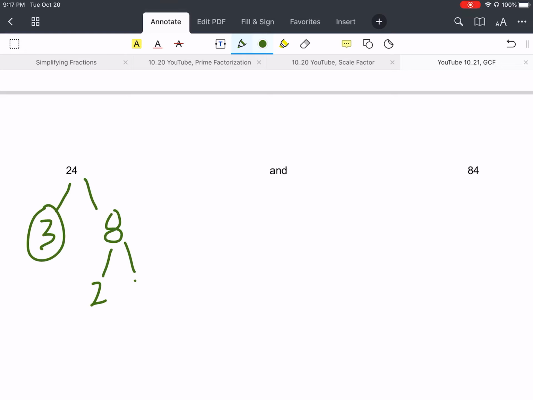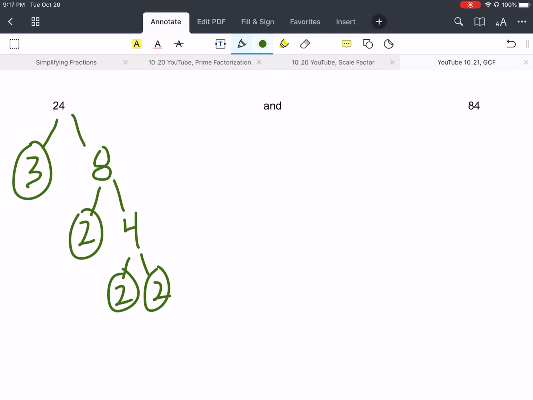The 8 is going to split into 2 times 4, and the 4 splits into 2 times 2. So I have 2 times 2 times 2 times 3. The main reason I like to practice writing the numbers from least to greatest is just so I can stay organized.